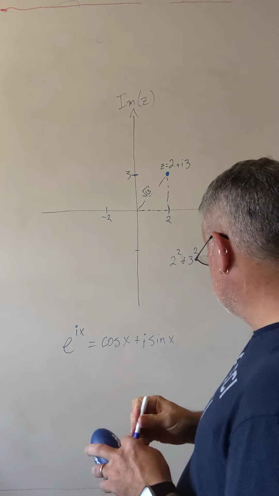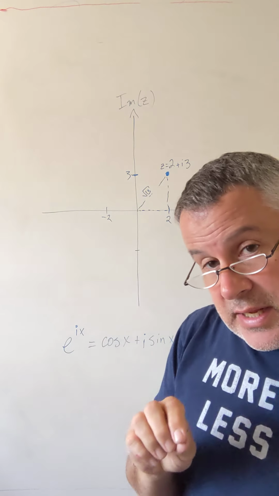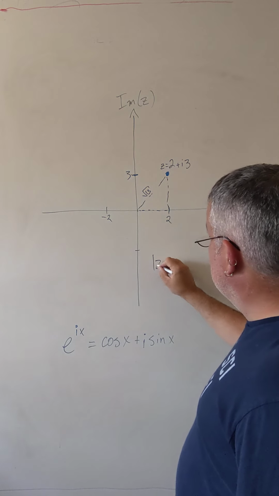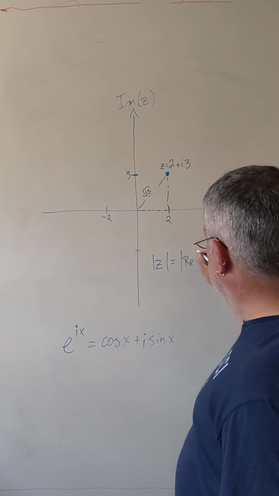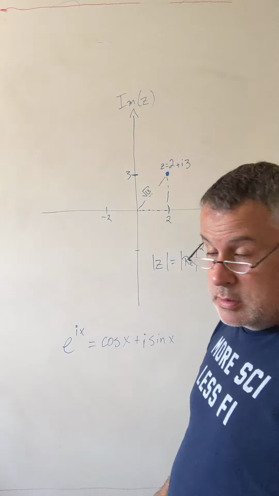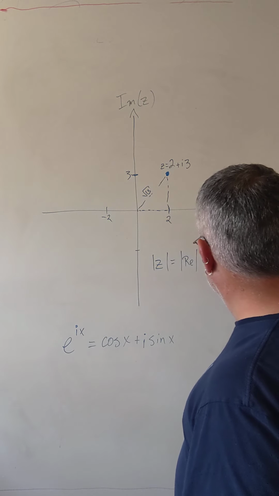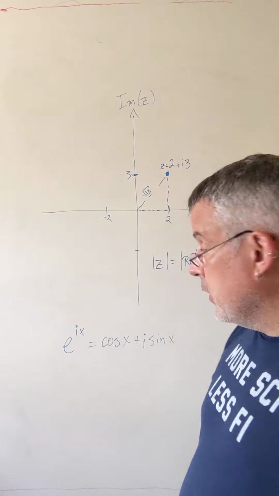That's not so complicated. How do we get that from z itself? Well, we could take the absolute value of z as the magnitude of the real part squared plus the magnitude of the imaginary part squared. That's what we just did with the Pythagorean theorem.